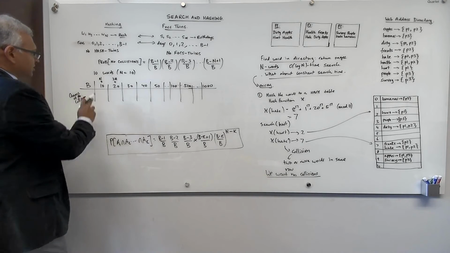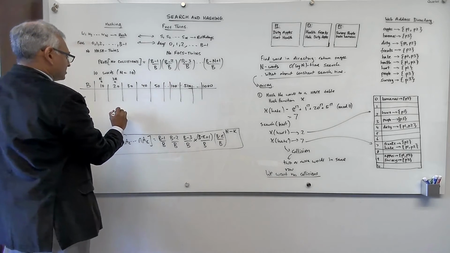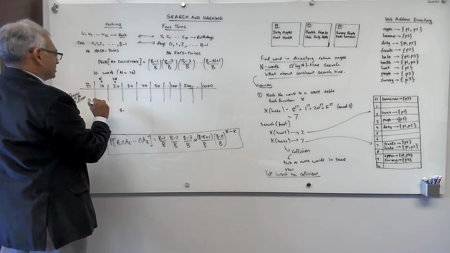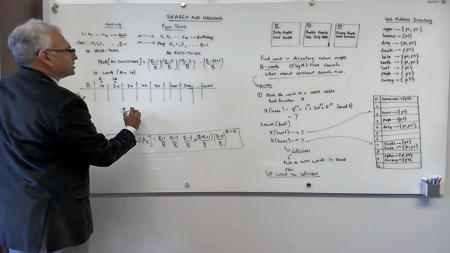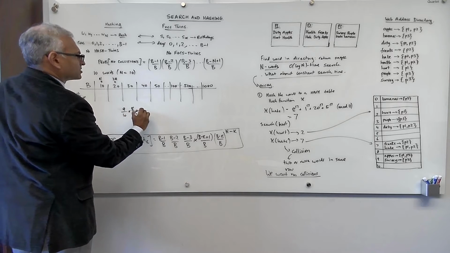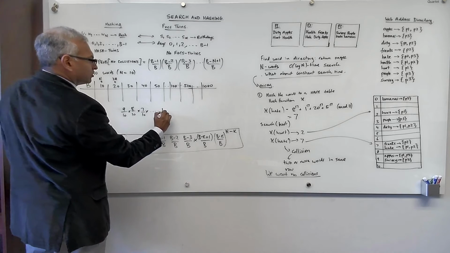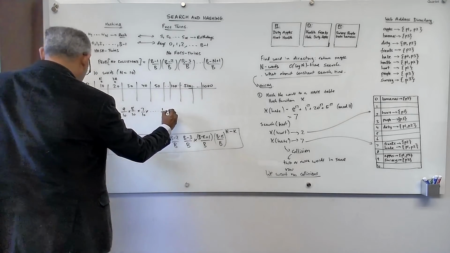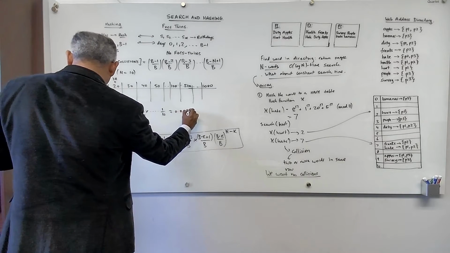Okay. Let's see what's the calculation for N equals 10. When B is 10, we're going to have 9 over 10 times 8 over 10 times 7 over 10 times, and so on, down to 1 over 10. This number is approximately equal to 0.0004.